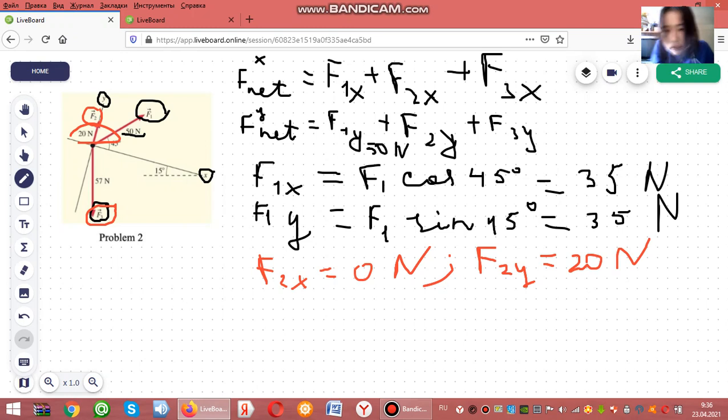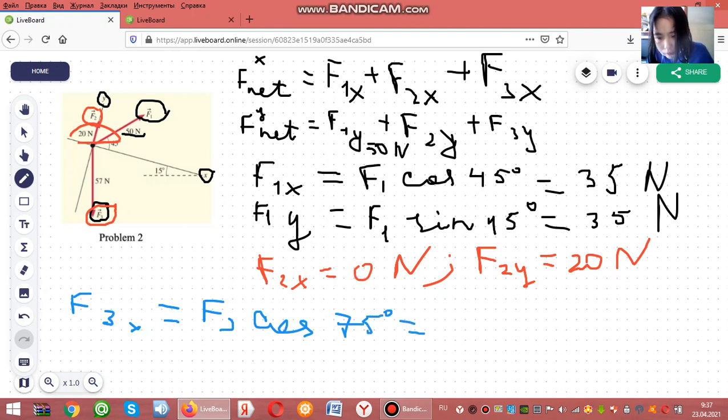So let's start. What should I write? F3x will be F3 cosinus 75, as I mentioned before, and here F3 equal to 57 Newton. So let me calculate. Okay, it is actually 15 Newton.